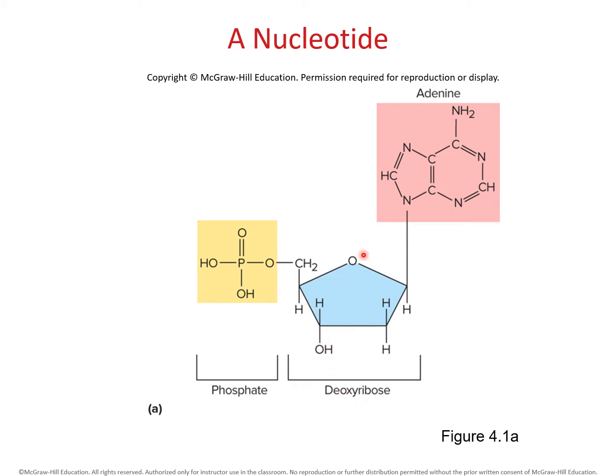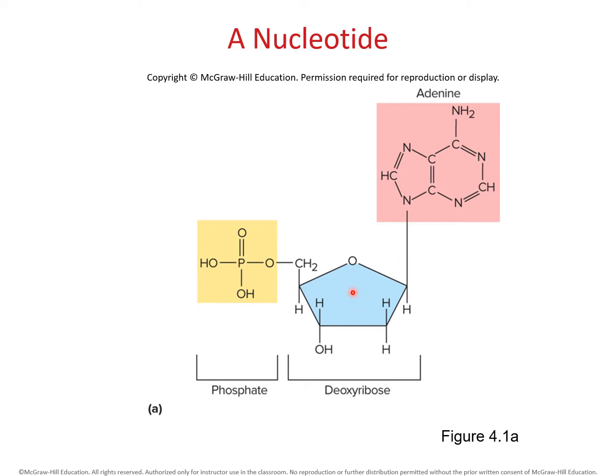I'm weird about using the word sugar. This is a carbohydrate, and I actually prefer that term, but sometimes I may say sugar. So deoxyribose is your carbohydrate or sugar. Then you're going to have a phosphate group. You've heard of phosphates before; we've talked about phosphate in relation to ATP.